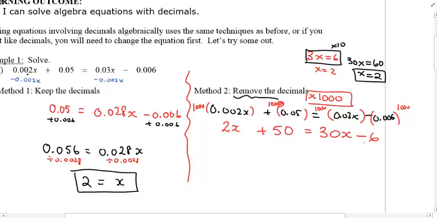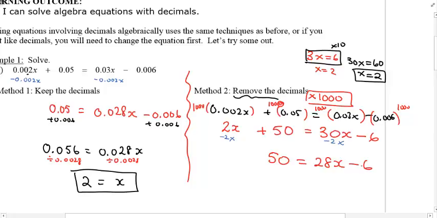So notice now we have an equation that no longer has decimals. Woohoo! So go ahead now and try to solve. This is just like before when we did the previous lesson. I'm going to subtract 2x off of both sides. I get 50 on the left, and 28x on the right, minus 6.